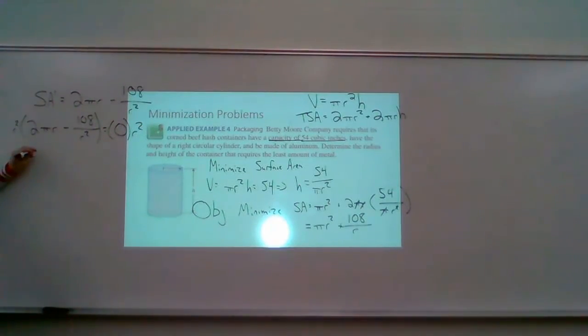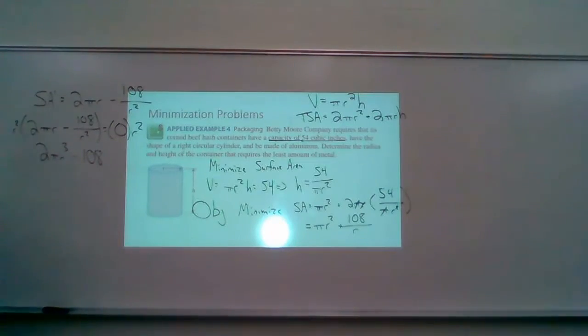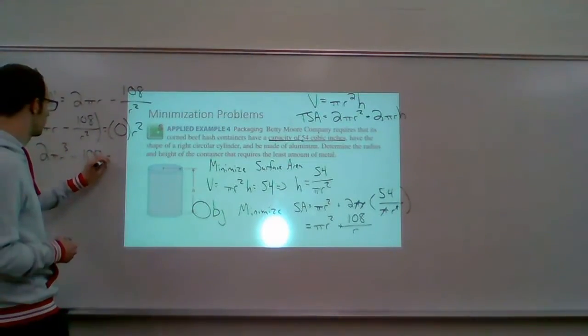So we get, looks like 2 pi r cubed minus 108 is equal to 0.